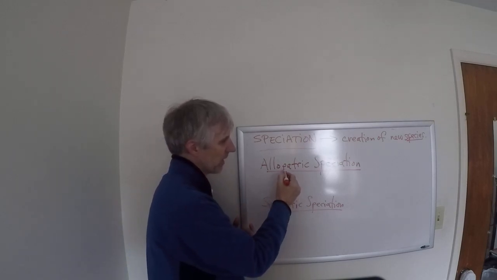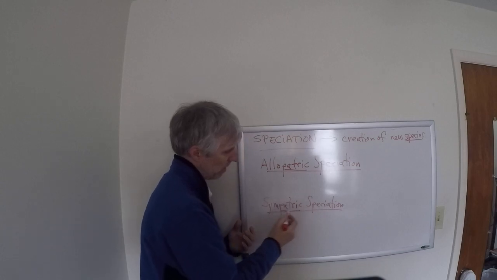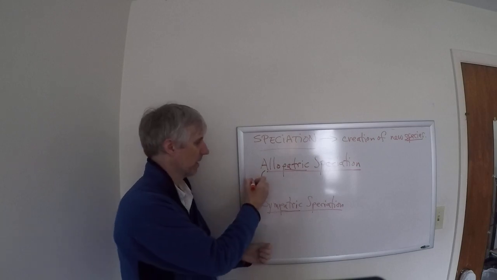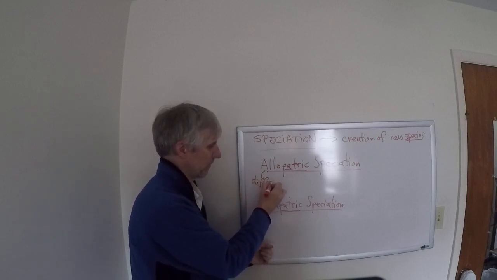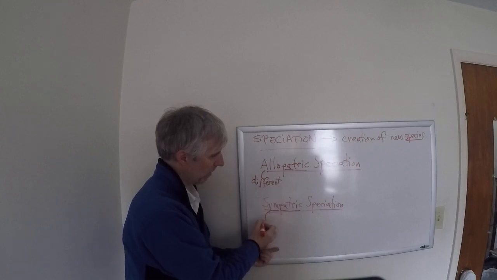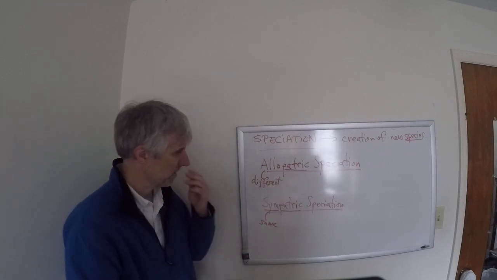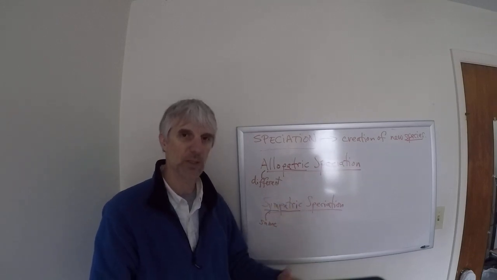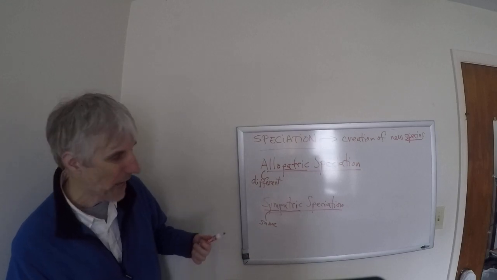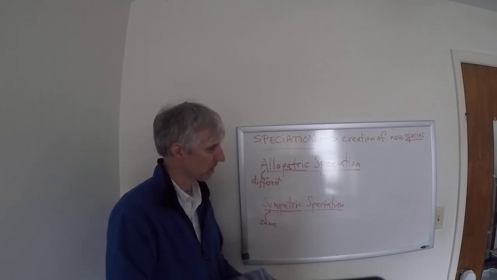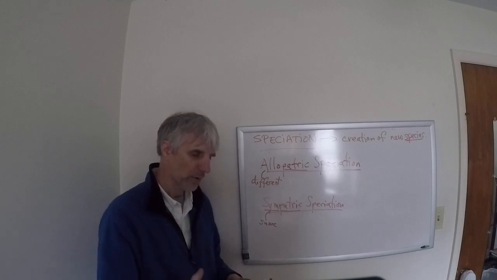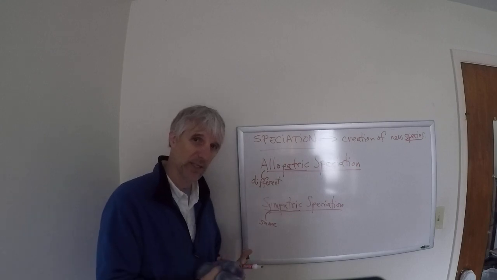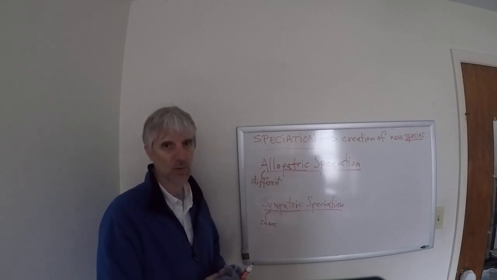The idea here is that this is a location, and then allo is the same root word as allele. This means different, and sym means the same. So different location speciation, same location speciation. So the way that these two processes of speciation play out, one requires individuals to be in different locations. One plays out despite the fact that individuals remain in the same location.